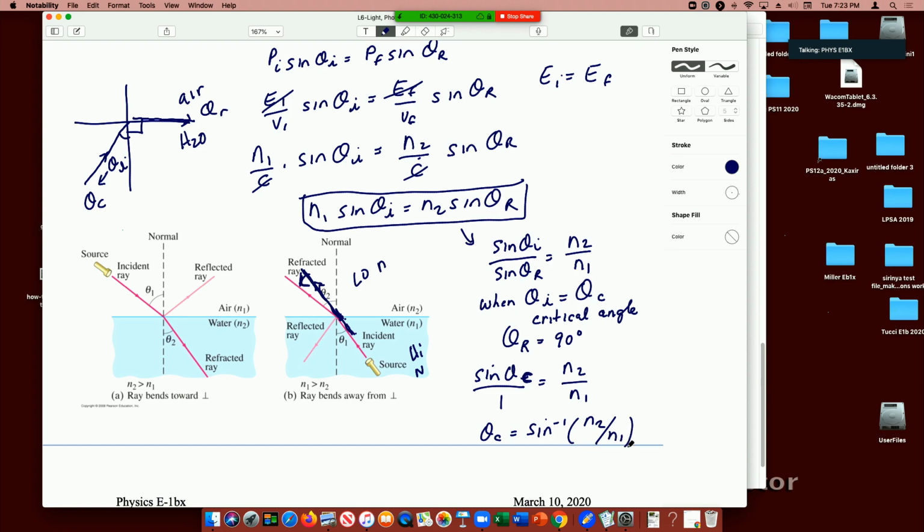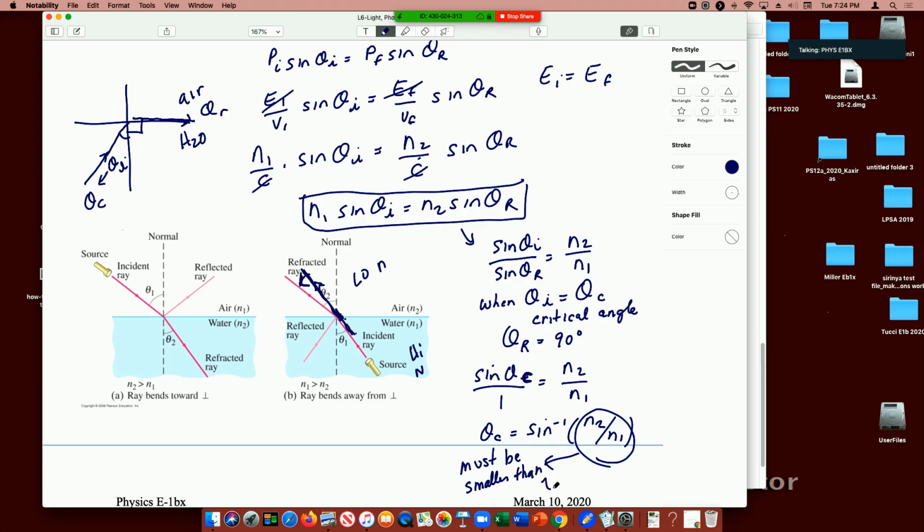Because of the sine function, remember the sine function oscillates back and forth and it can never exceed 1. What does that mean about n2 compared to n1? What is the situation for which you can have total internal reflection, mathematically? This fraction must be smaller than 1.